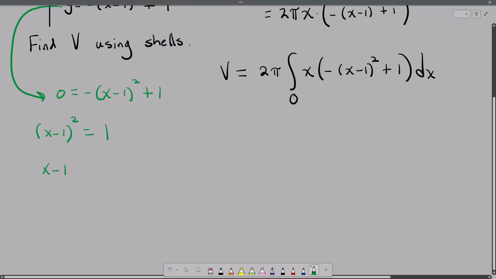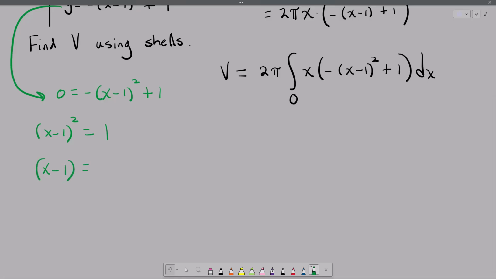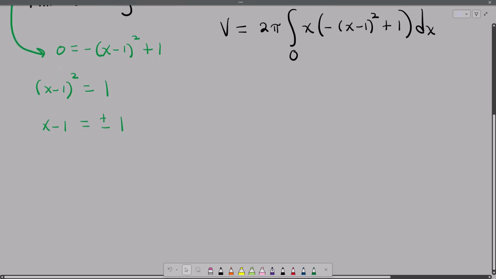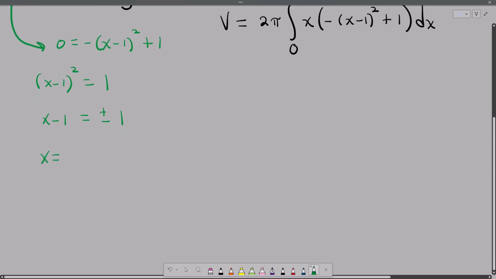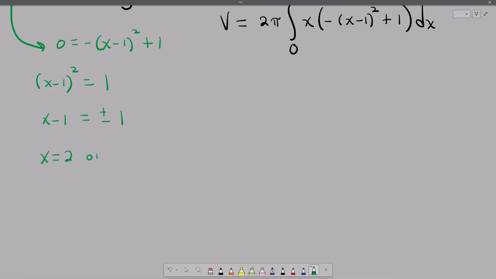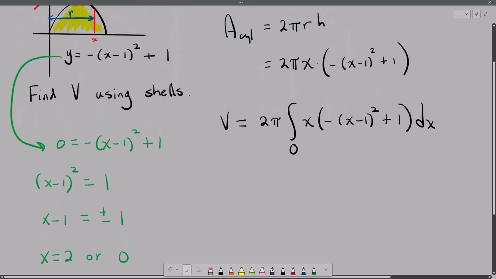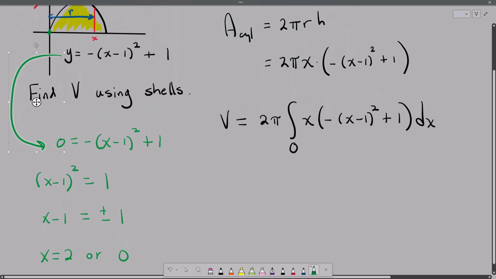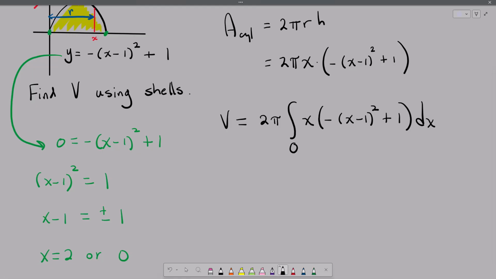We would get x minus 1 is equal to, I guess we don't need parentheses anymore, plus or minus 1. So we're going to get x equals, if we go with the positive 1 first, we're going to get 2. Or if we go with the negative 1, we get 0. So those are the two intercepts here, 0 and 2. And so this is a 2.